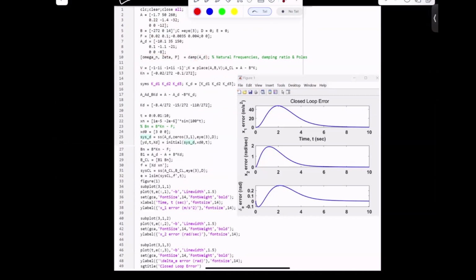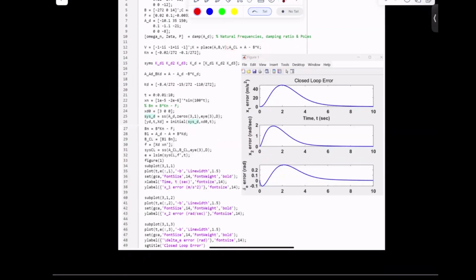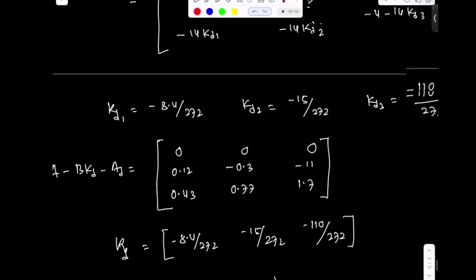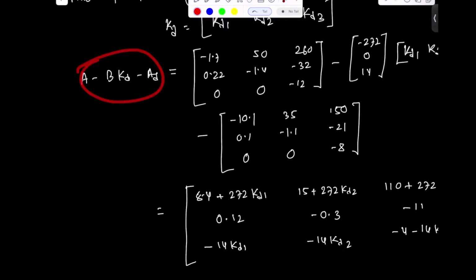This is the eigenvalues, which will help us find the K control gains, and from this we can find the augmented matrix. We also have Kn, which is going to control the noise in the system, and here we are defining the Kd, which will be used to design the feed-forward gain matrix, and this is the AD, the matrix we just found.